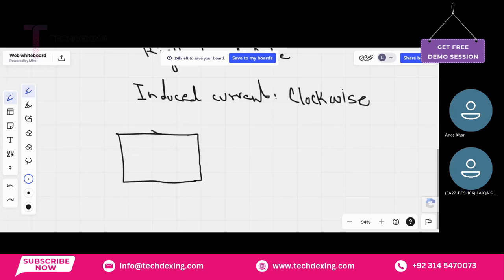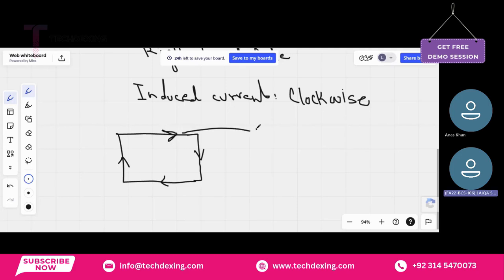So we have to draw the current going in this direction, then coming down, then going in this direction, just like this. Is this clockwise current? Yes, it is. Now, if I ask you what is the direction of the movement of current in the top wire, you can simply say that it is moving from left towards the right. You can see the arrow pointing towards the right.